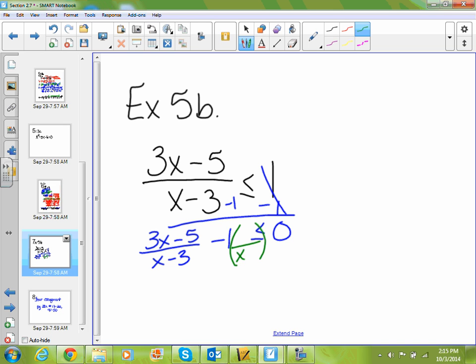So I'm going to multiply everything on that 1 by x minus 3, and I'm going to change that 1 into a fraction of 1 over 1. So then we're going to multiply, so (3x - 5)/(x - 3) minus 1 times x is 1x. 1 times 3 is 3.